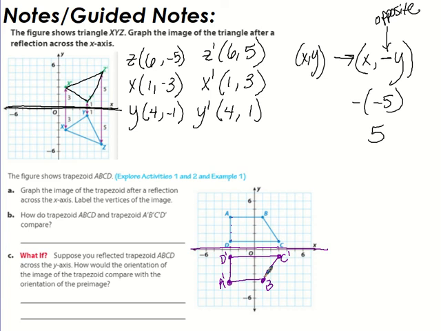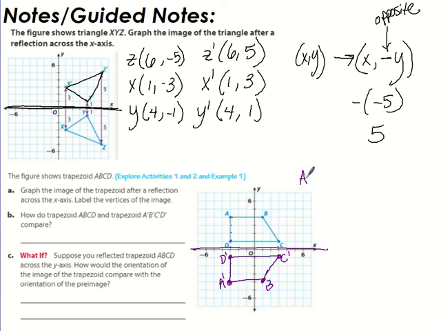So see, everything is flipped. Now, if we listed our points, we would see that all of our y's did actually just switch.